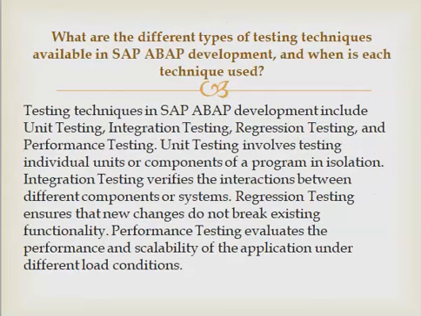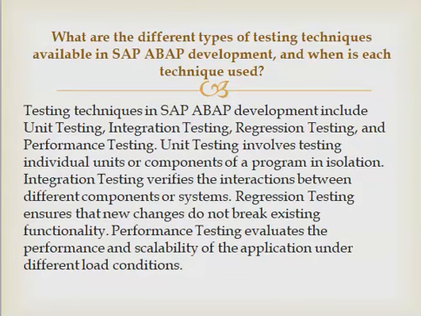What are the different types of testing techniques available in SAP ABAP development, and when is each technique used? Answer. Testing techniques in SAP ABAP development include unit testing, integration testing, regression testing, and performance testing.